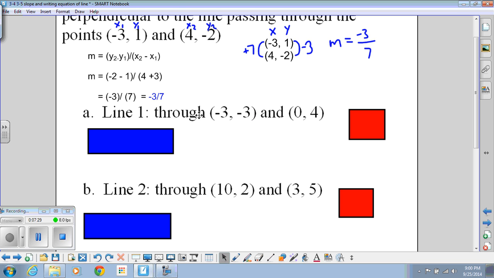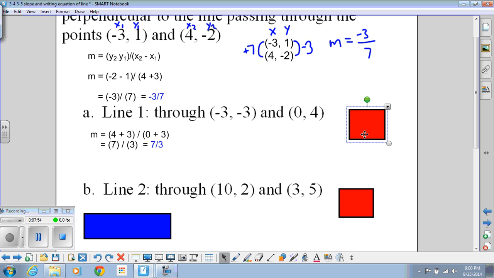So if I'm trying to find the slope of this line, I can either do the formula, remember y2 minus y1. So I'm going to have 4 minus a -3. Remember, that's going to give me 4 plus 3, which is 7. And then I'm going to have 0 minus a -3, so that's 0 plus 3. That gives me 3. So this is going to give me a slope of 7/3.